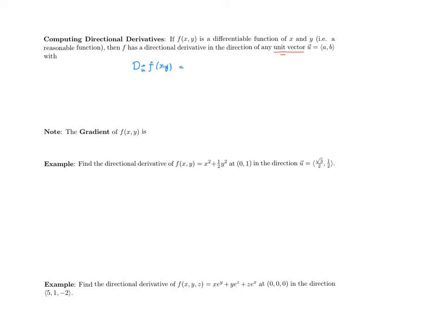It is the partial with respect to x at (x, y) times a, plus the partial with respect to y times b, with note from directly above, u, the unit vector, is given by (a, b).